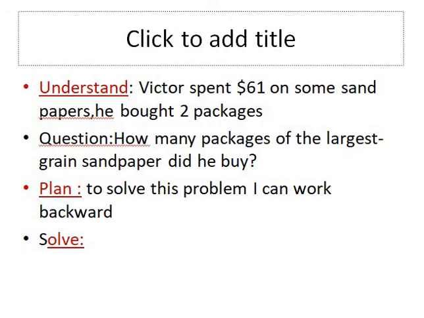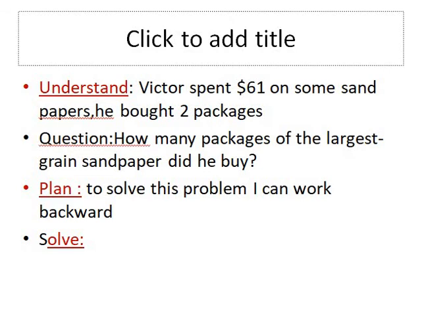What did you understand from that? He spent $61 on buying sandpapers, some small and some large. I want to find out how many packages of the largest grain paper he bought.